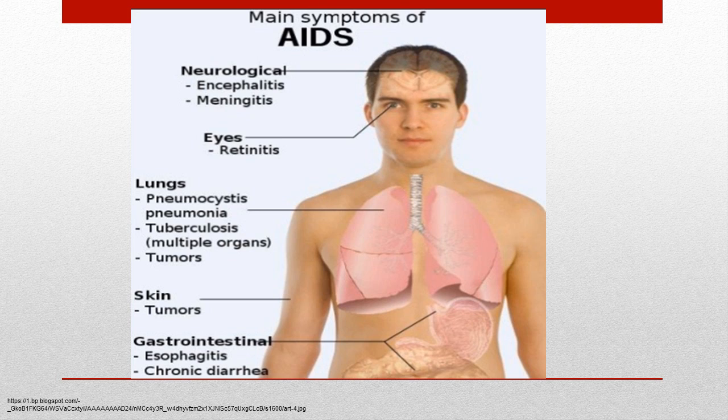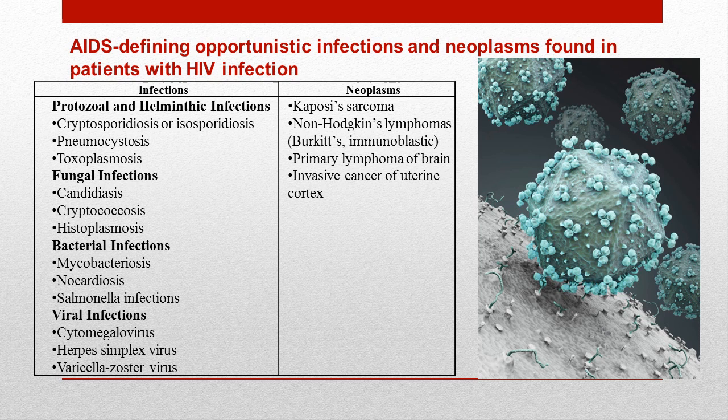In addition to loss of T helper cells, functions of monocytes and macrophages also suffer in HIV infection. In the table, you see AIDS defining opportunistic infections and neoplasms that are usually present in patients with HIV infection.